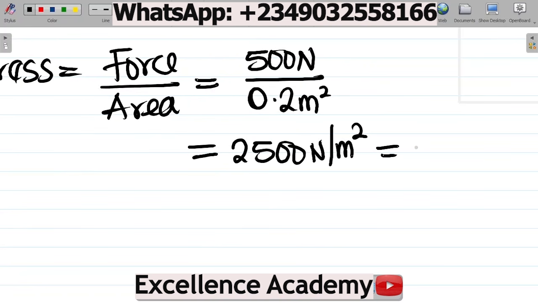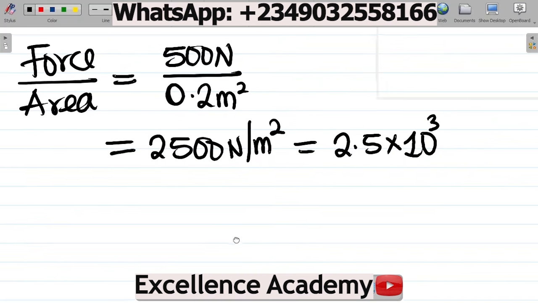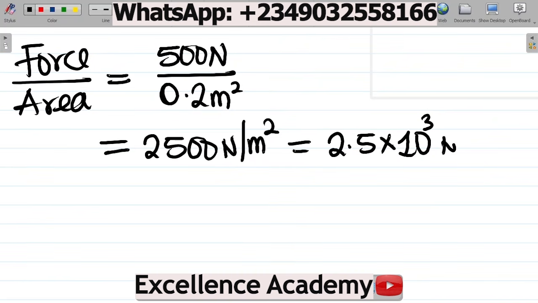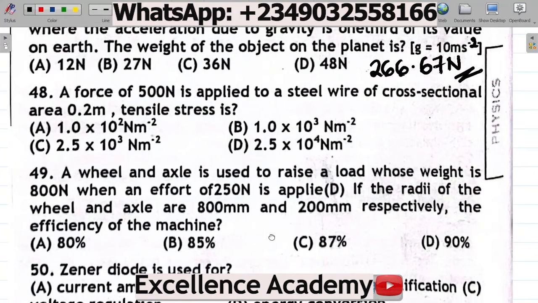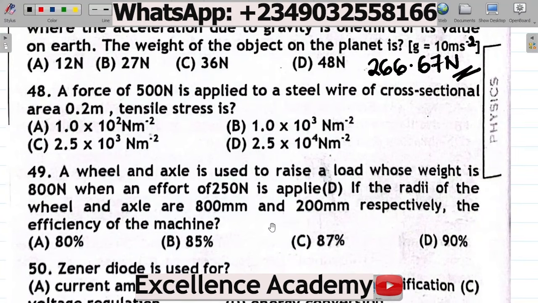This is equal to 2.5 times 10 to power 3. This will give you 2,500 in Newton per meter squared. So here's my correct answer, 2.5 times 10 to the power 3. And that is option C. So option C is the correct answer.